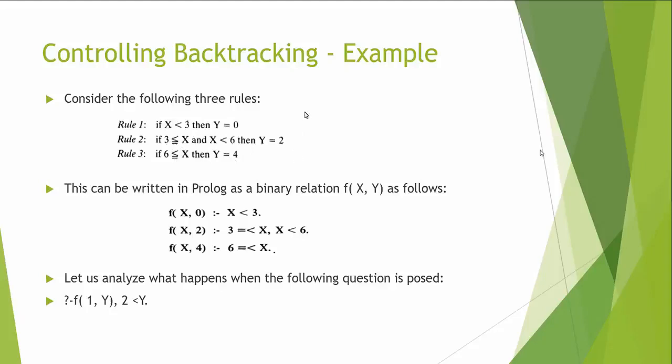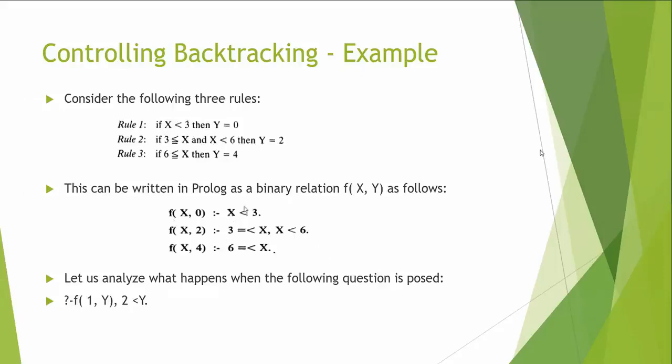So these 3 rules are given, and you are asked to write a Prolog program to implement these 3 rules. Very easy. I guess you find that these are not very difficult. So I have taken a relation f(X, Y), and I have written the program like this. Is it okay? Are you getting it?